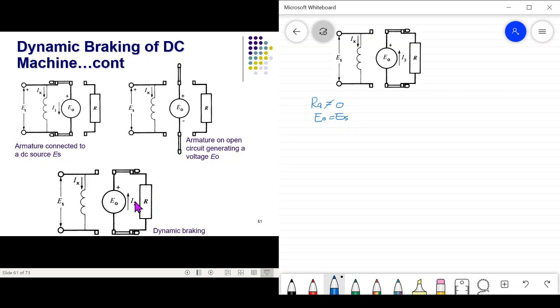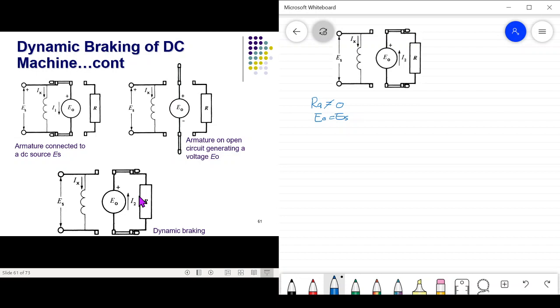However, this current flows in the opposite direction to the original current I1. It follows that a reverse torque is developed whose magnitude depends upon I2. The reverse torque brings the machine to a rapid but very smooth stop. In practice, resistor R is chosen so that the initial braking current is about twice the rated motor current, and the initial braking torque is then twice the normal torque of the motor.